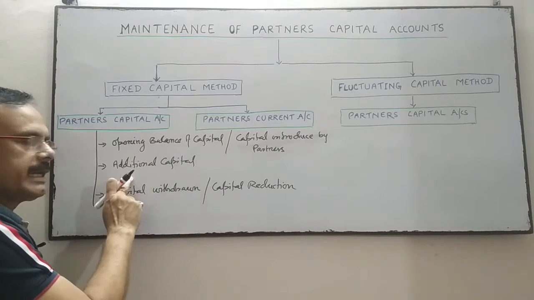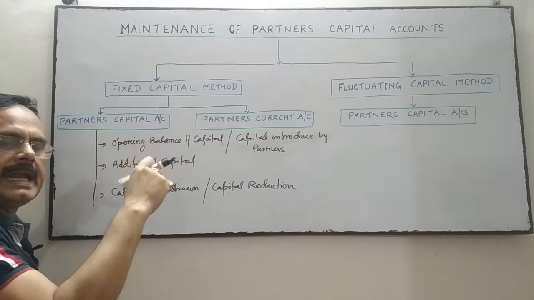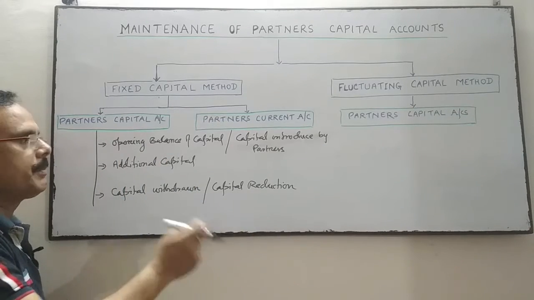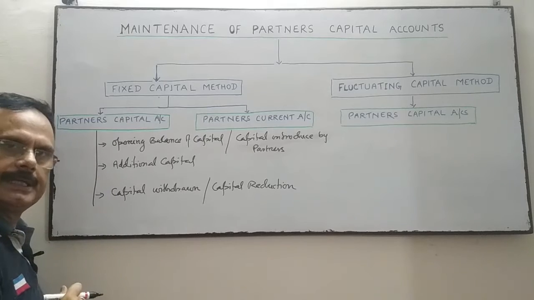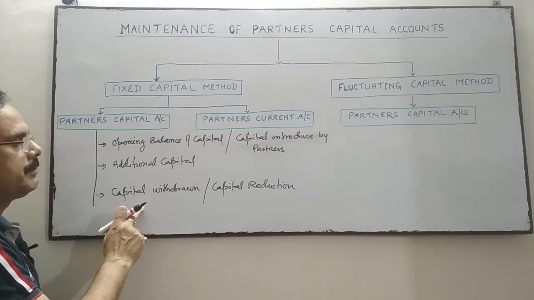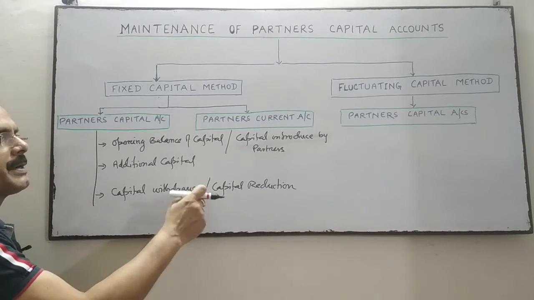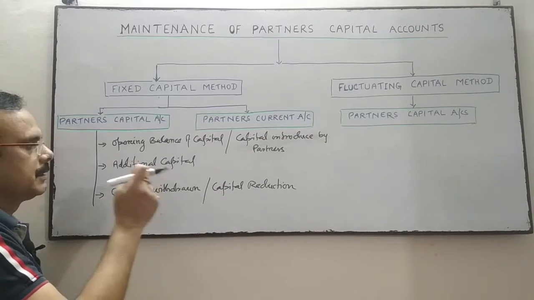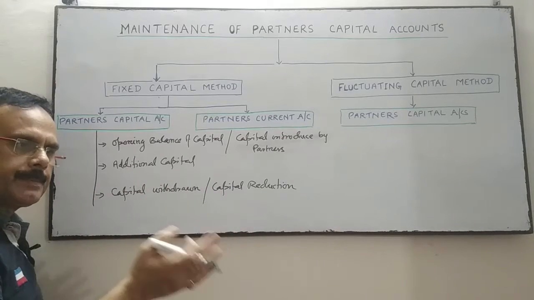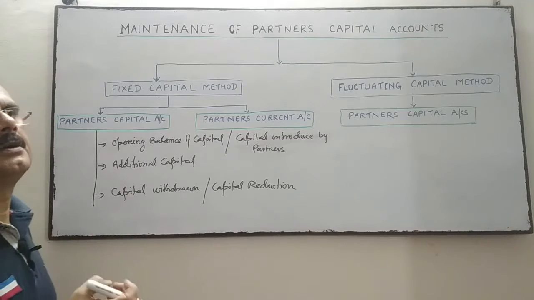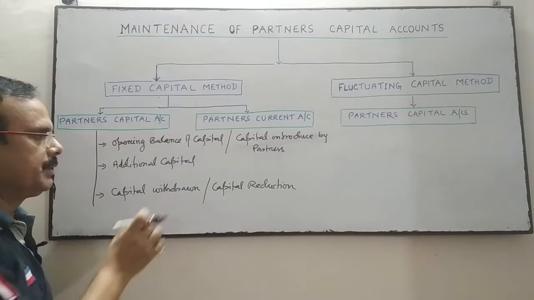Second one is additional capital, if the partner has given any additional capital to the firm during the year. Then capital withdrawn, or you may say capital reduction: capital withdrawn from the partnership firm by the partner during the year.